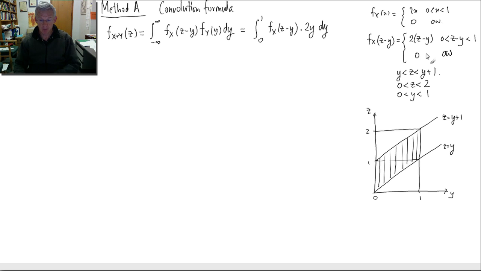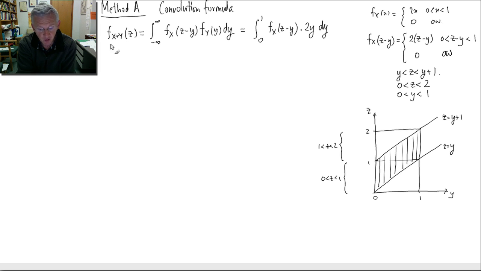and not by the value 0. Now we noted before that the density for x plus y will be 0 for z values less than 0 and above 2. So we know that we're dealing with a z value here between 0 and 2. But the problem is that the limits for y will depend on whether z is between 0 and 1 in this region here, or whether it's between 1 and 2 in this region here.